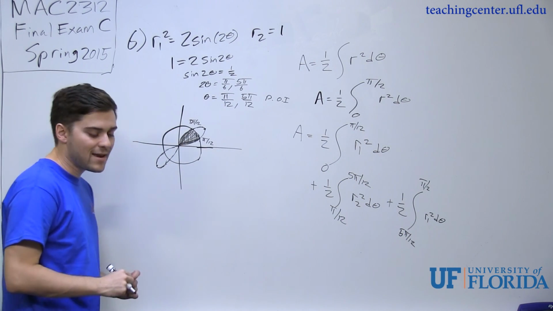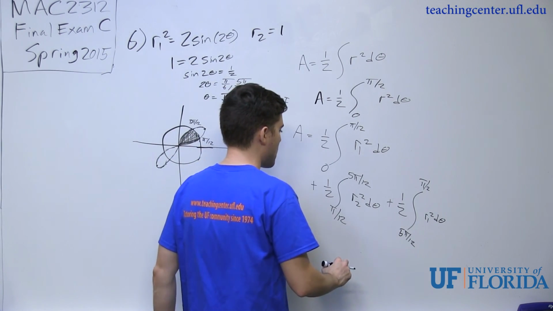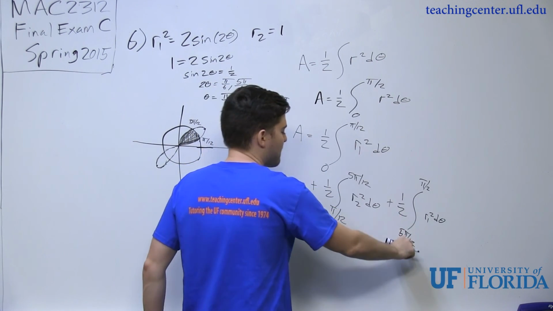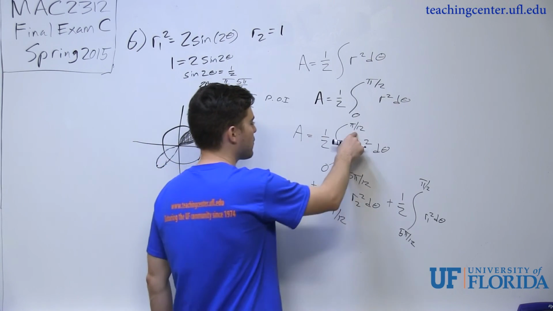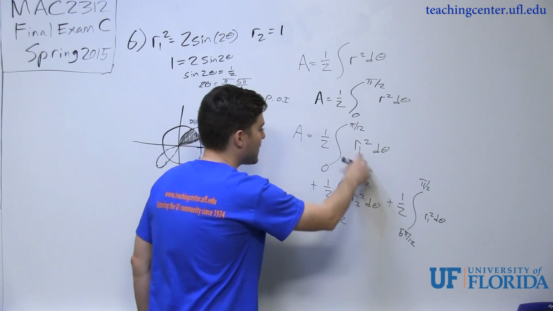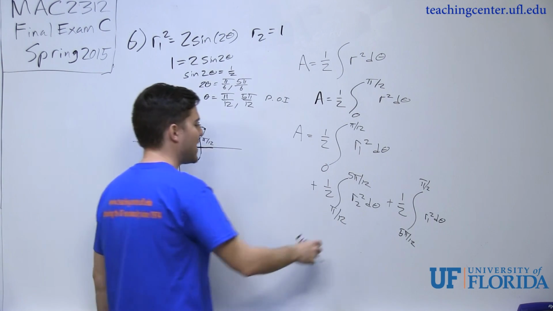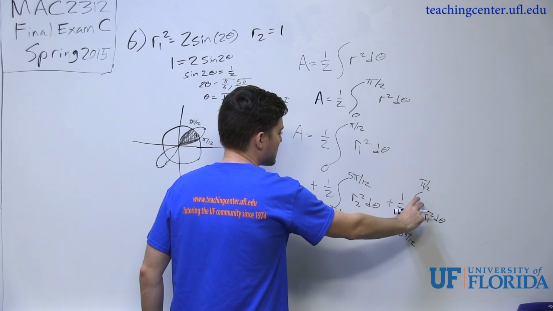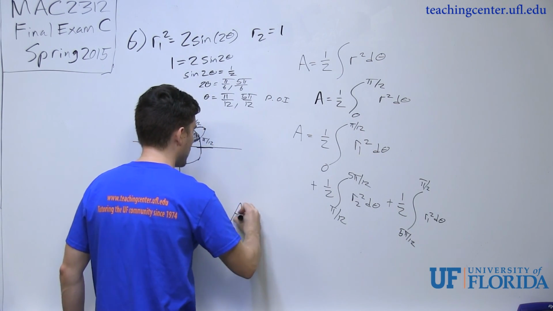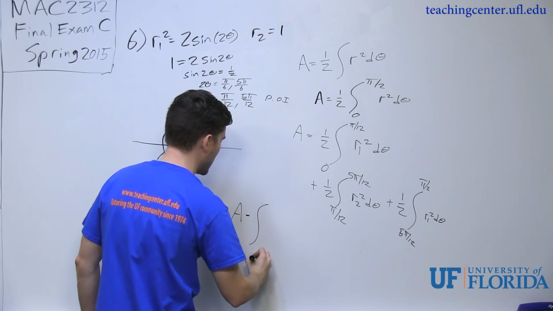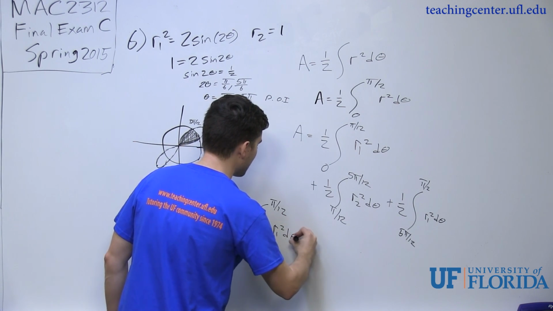Great. And now, in the essence of simplification, I can say that 5 pi over 12 to pi over 2 is the same distance as 0 to pi over 12. So in reality, these integrals are the same area. So what I can actually do is treat this as just another multiple of this. I'm just going to rewrite my final area equation as 0 to pi over 12 R1 squared d theta.